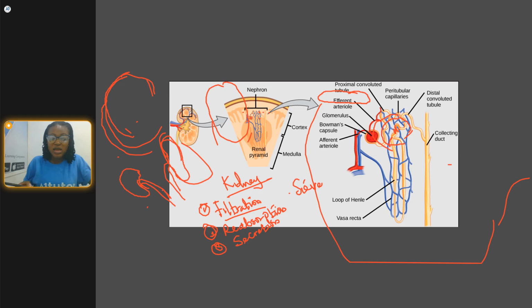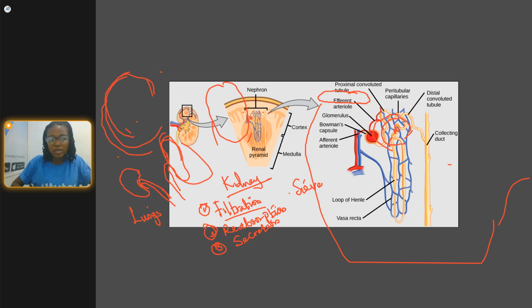So via excretion, the urine is collected into the bladder and eliminated through the urethra.